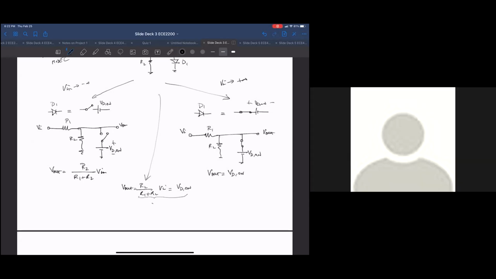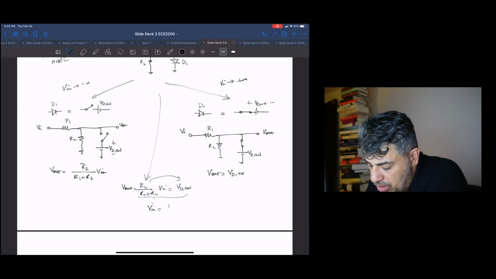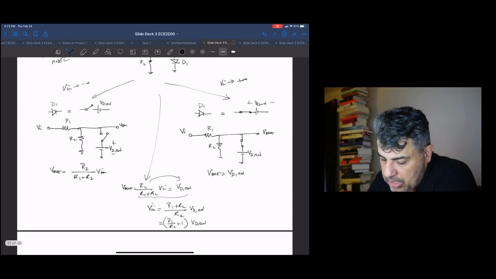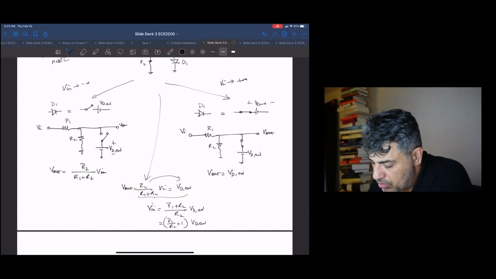If I just look at that equation for Vn versus VD on, remember, VD on is a constant. So all you do is you move this stuff over. So it looks like R1 plus R2 over R2 times VD on. So basically it's R1 over R2 plus 1, times VD on. And this already tells us V out is equal to VD on at the crossover point.